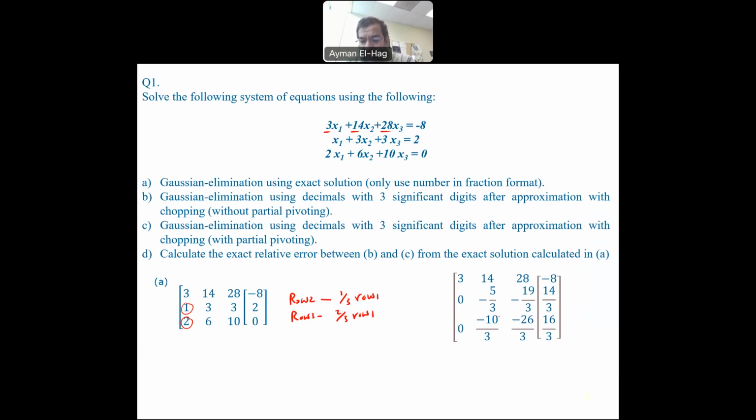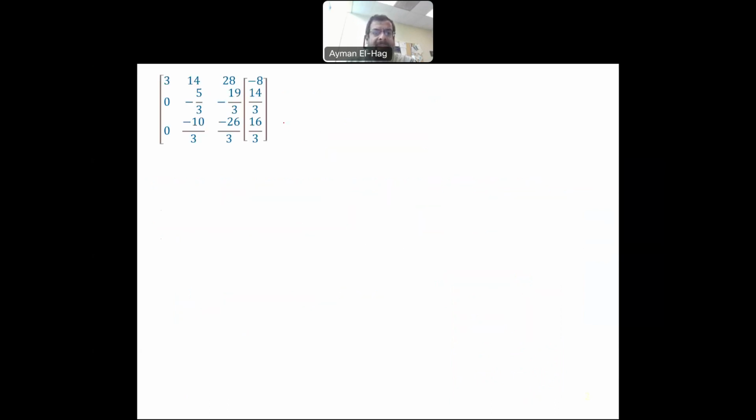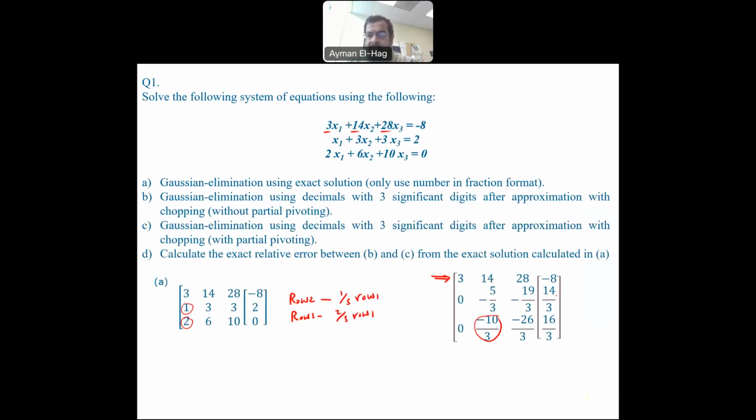Now I want to make this element 0. I will not touch the first row. That is done. So basically it will be between row 2 and row 3. I'm just drawing this matrix.